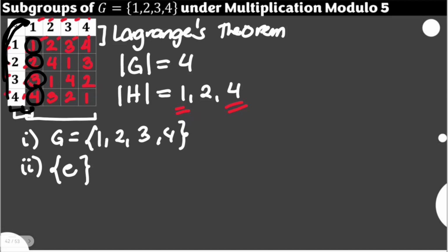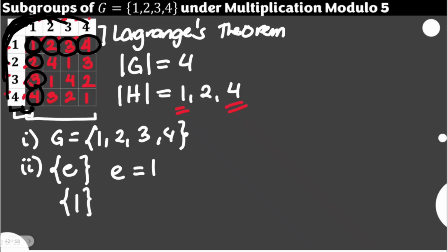Similarly, 1 star 1 is 1, 1 star 2 is 2, 1 star 3 is 3, 1 star 4 is 4. When 1 is operated with any of the elements, those elements will not be changed. Therefore, our identity element is equal to 1. So the subgroup of order 1 is just the subgroup containing your identity element 1.